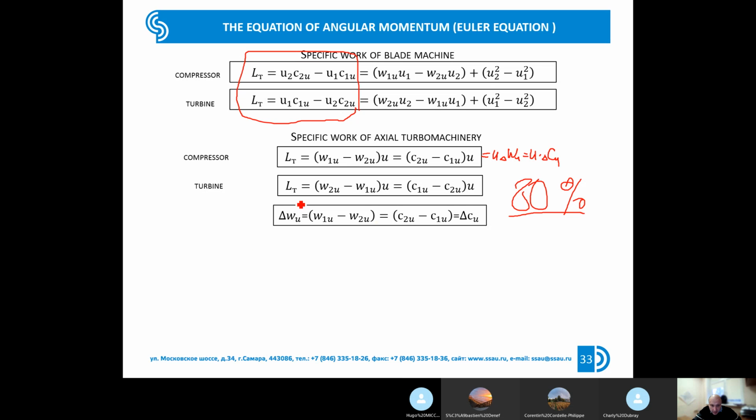So that's why the main idea I want to say to you on this slide is that this equation is the most important equation and the keystone of the turbomachinery theory.